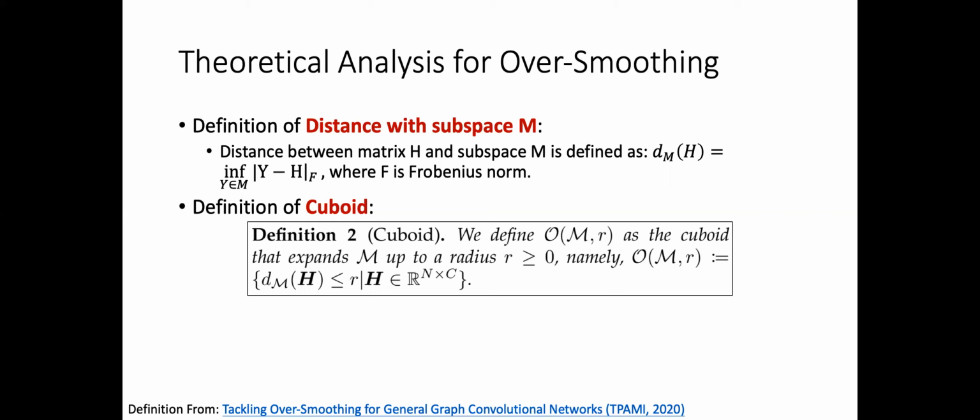A cuboid, denoted O_M,R, is a cuboid that expands this subspace M up to a radius R, where R should be positive. We can formally write it down as O_M,R being all the matrices H that have a distance to the subspace M less than or equal to R. So this is the definition of a cuboid.